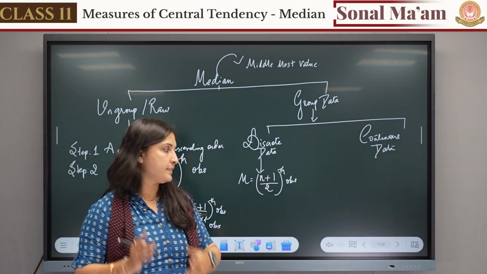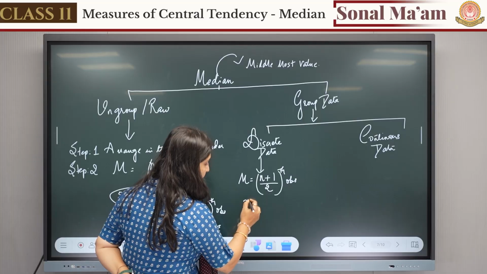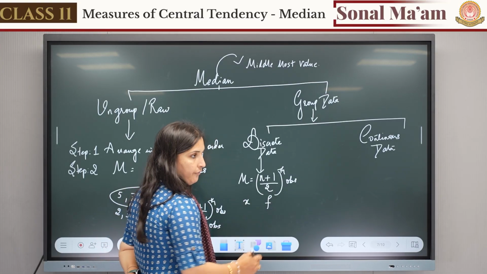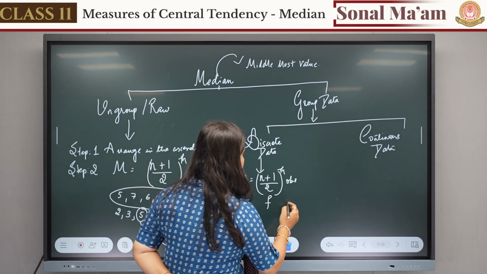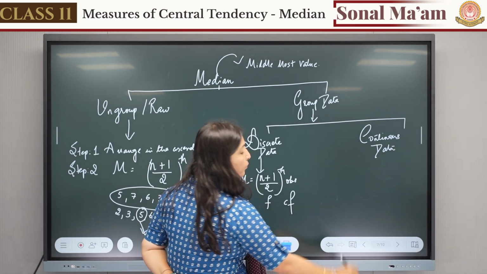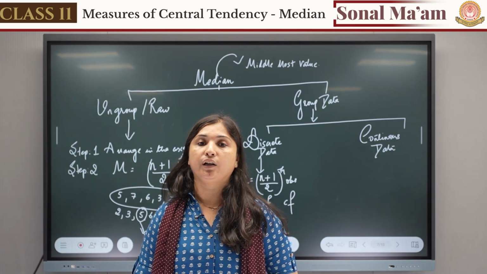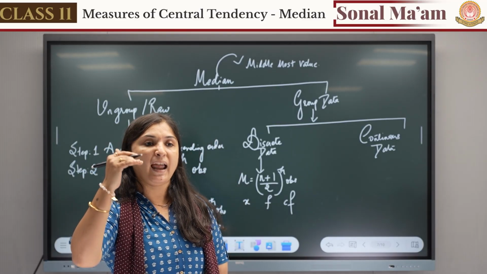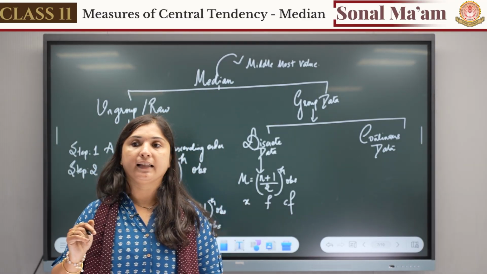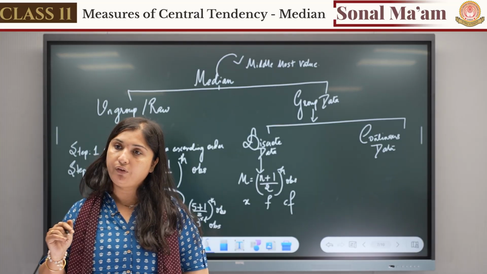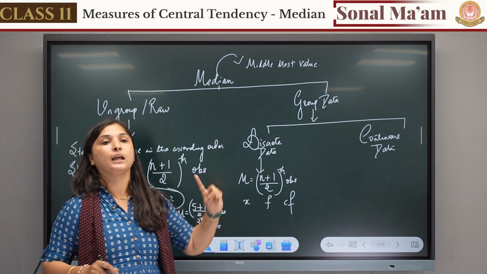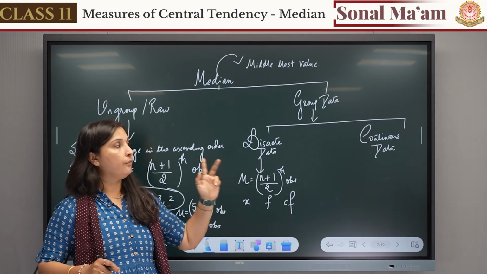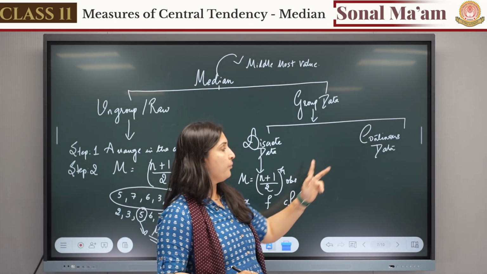We have the value of x and the value of f, right? But now we have to find one extra column, and that is CF, cumulative frequency. We keep on adding the frequencies, and that is cumulative frequency. Whatever observation you got, you have to check in the cumulative frequency. We'll do one sum, and you will be clear.